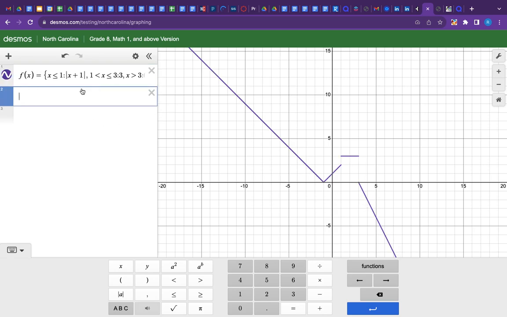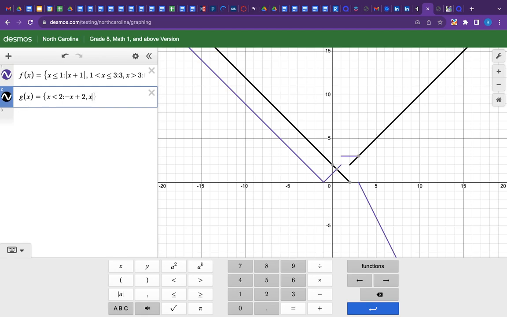So then we're going to graph the other one. So g of x equals curly brackets, x is less than 2, colon, negative x plus 2. All right, so that was the first part, comma, the last part, so x is greater than or equal to 2, colon, the function for that was x minus 2, and then I close my curly brackets.